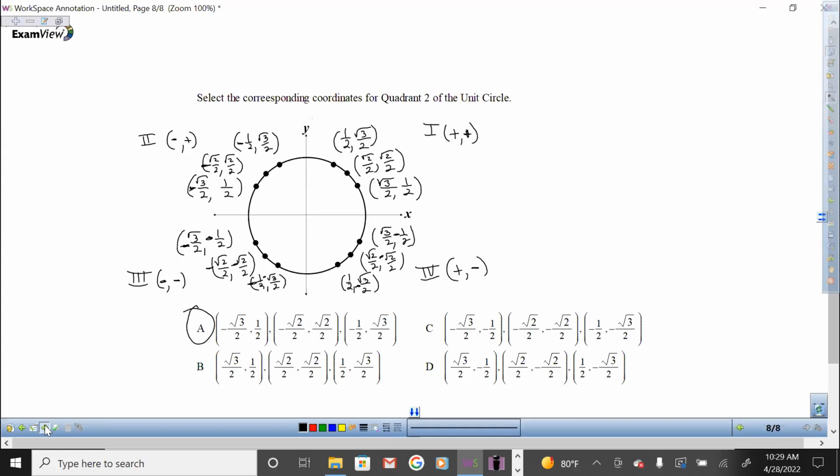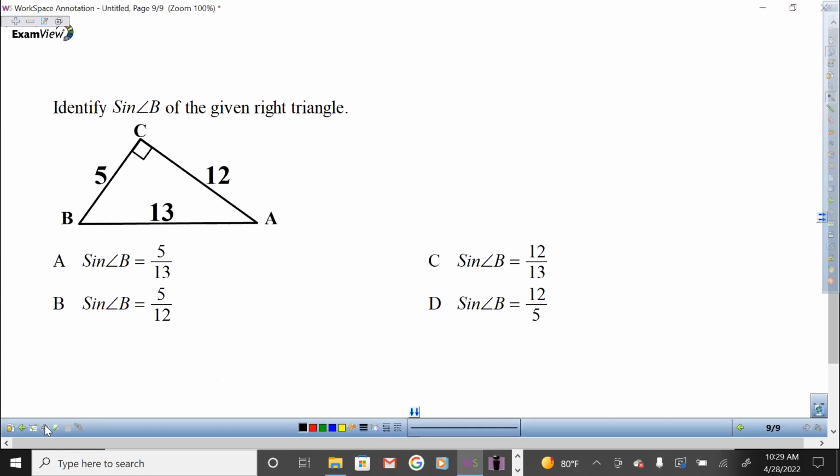Let's go. Number 34. All right, before we answer that one, look up to the screen. I want you to write sine, angle, cosine, angle, tangent, angle.